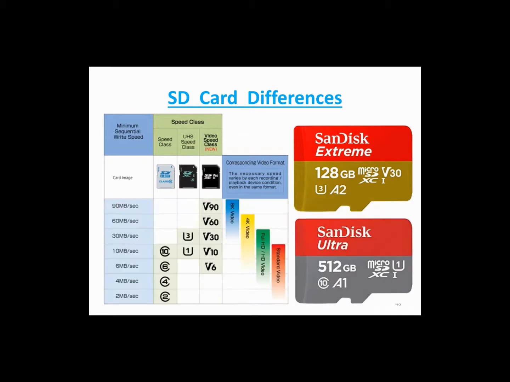Likewise, if your device says you need a U3, which is a 30 megabits per second data transfer, and you get a class 4, which is 4 megabits, or a class 6, which is 6 megabits, that card is too slow for your device.